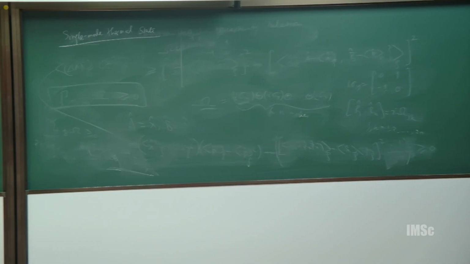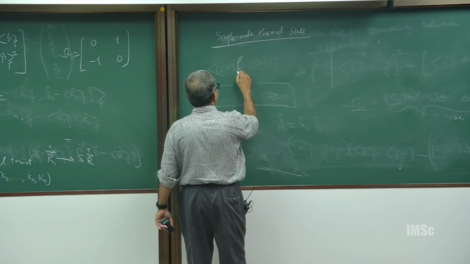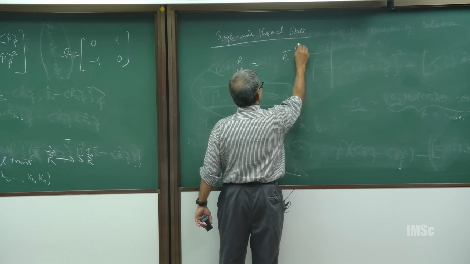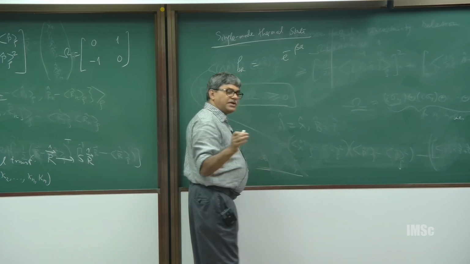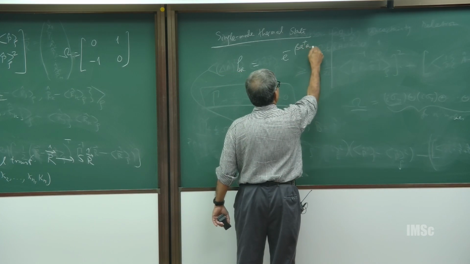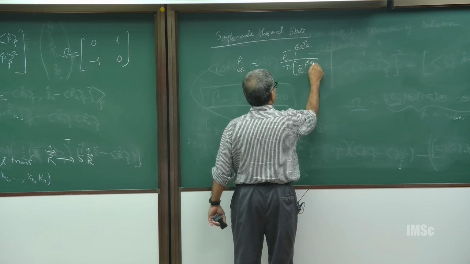So, let us consider this single mode thermostat, which is rho thermal equal to e to the power minus beta a dagger a divided by the trace of e to the power minus beta a dagger a.